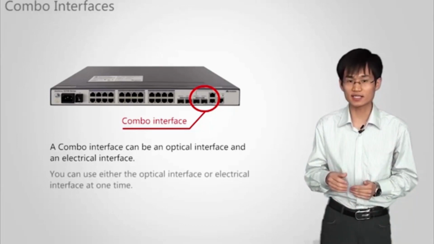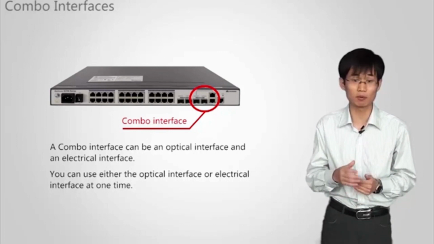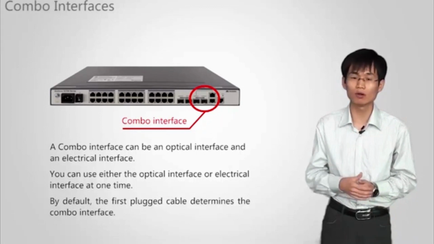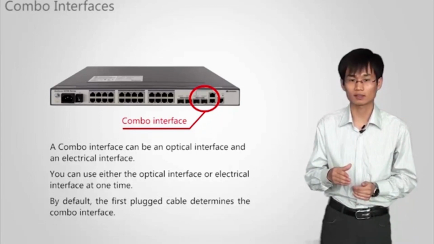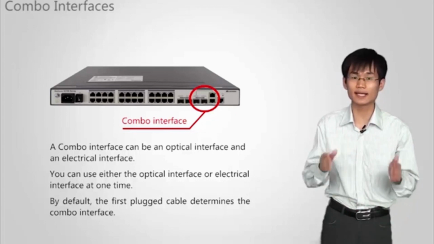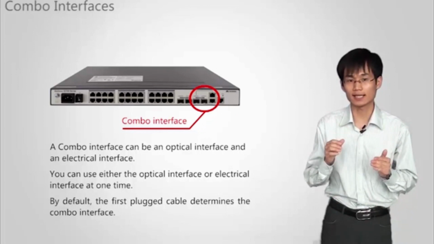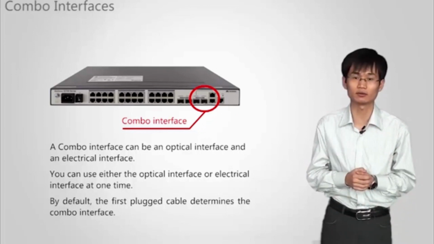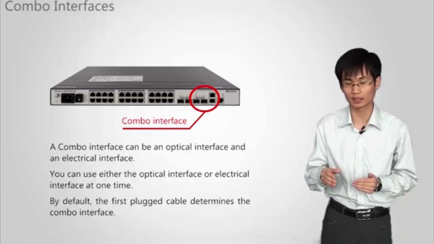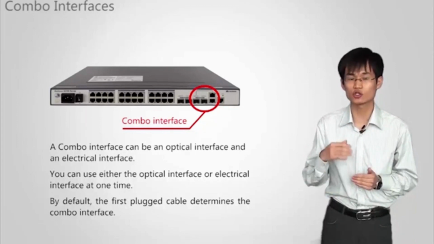When one interface is activated, the other interface is automatically disabled. By default, a combo interface works in the auto mode. In the auto mode, if the electrical interface is connected to a network cable first, the combo interface works as an electrical interface to transmit data. If the optical interface is connected to a fiber first, the combo interface works as an optical interface to transmit data.